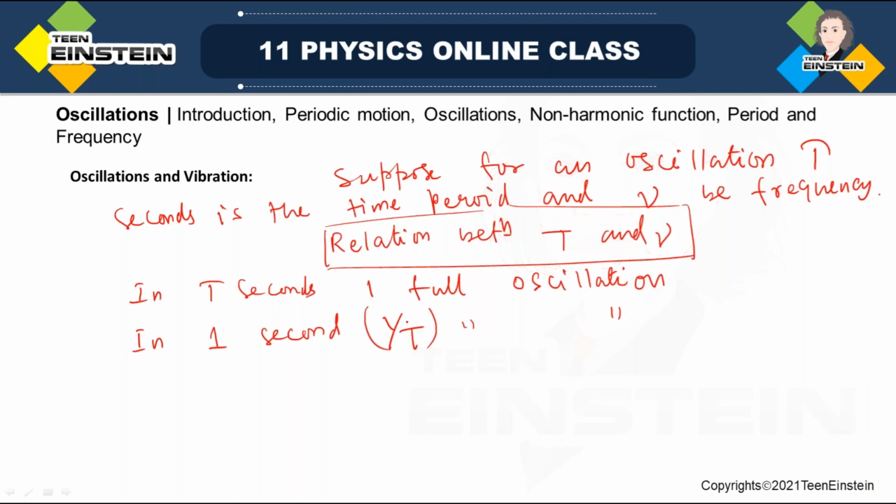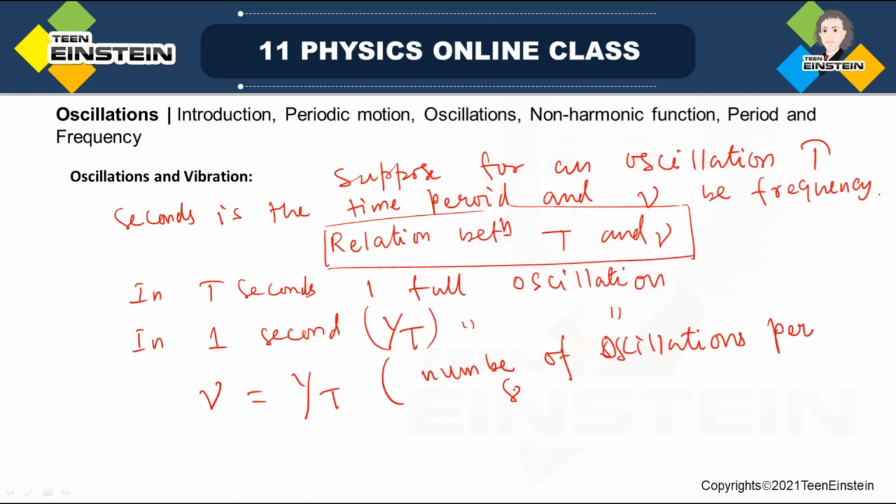And this number of oscillations per second is the frequency.